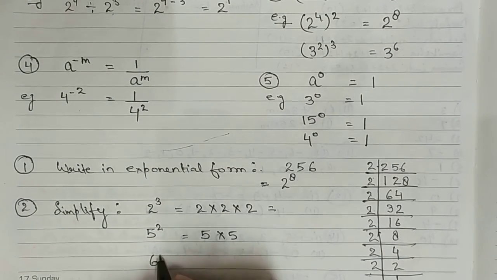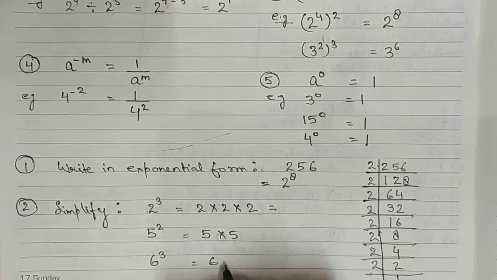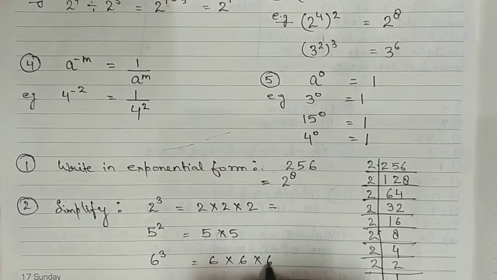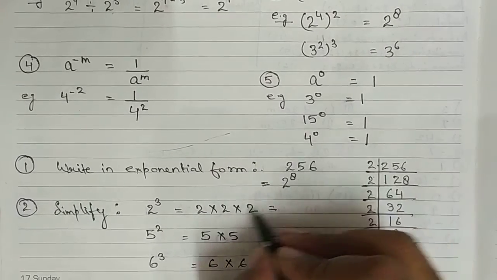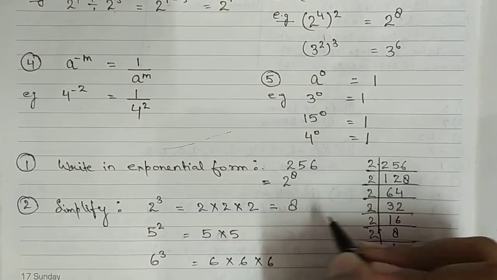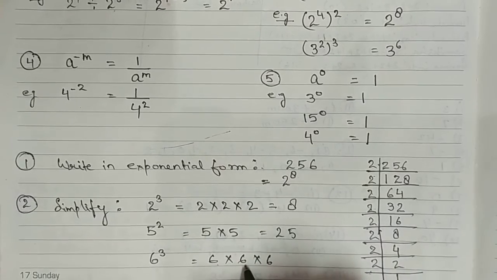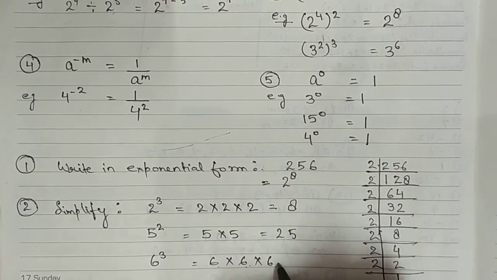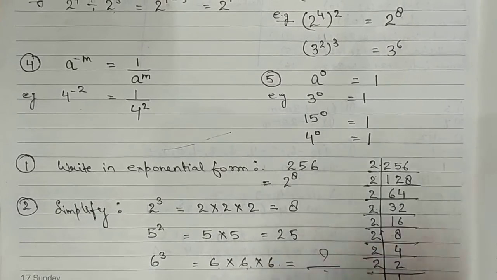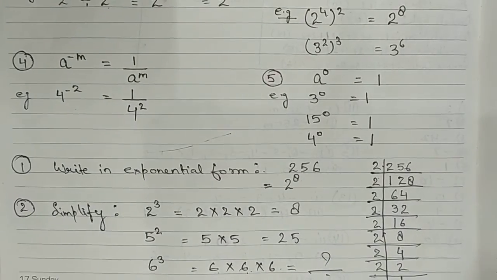If it is written 6 to the power 3, 6 into 6 into 6. 2 to the power 3 is 8, 5 to the power 2 is 25, 6 to the power 2 is 36, 36 into 6. Solve it. Clear?